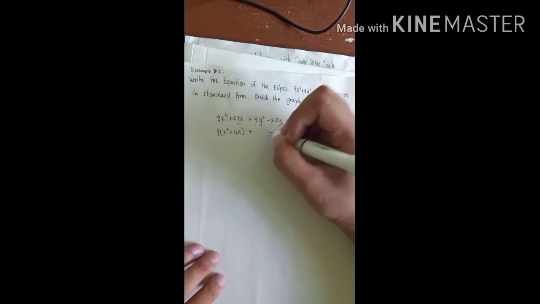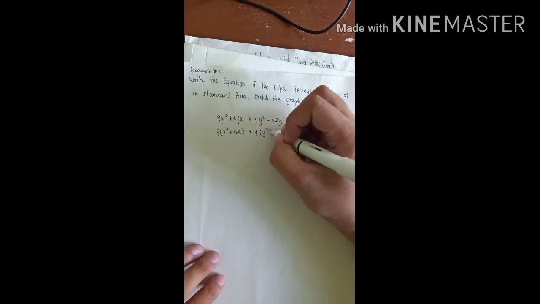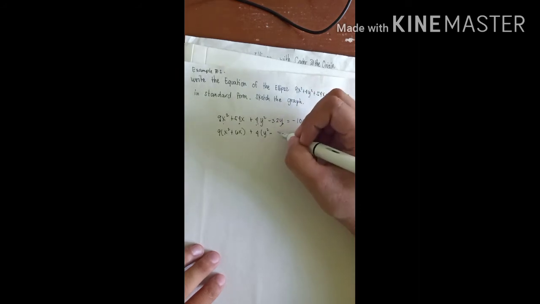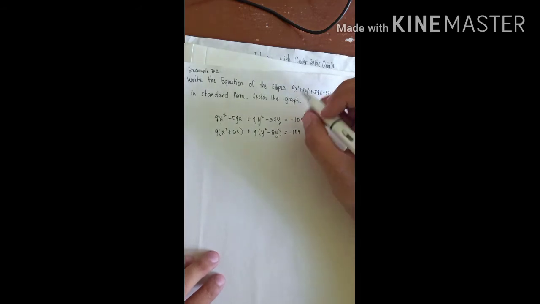Plus, palalabasin natin dito si 4, y squared minus 8y is equal to negative 109.